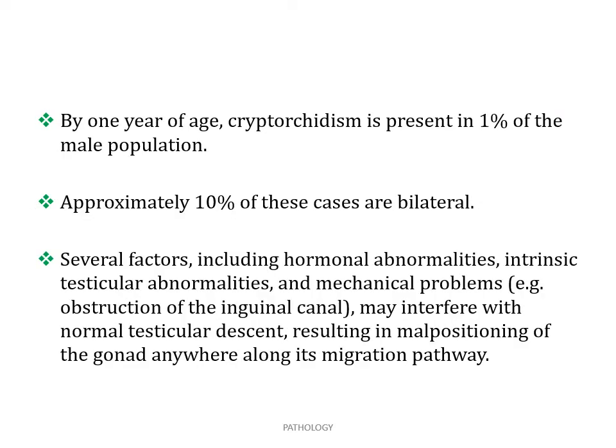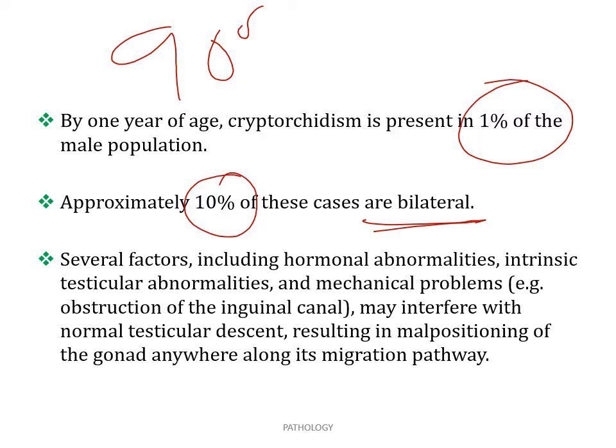Cryptorchidism at around 1 year of age is present in about 1% of the population, and approximately 10% of these cases are bilateral, meaning that 90% of cases of undescended testes are unilateral.